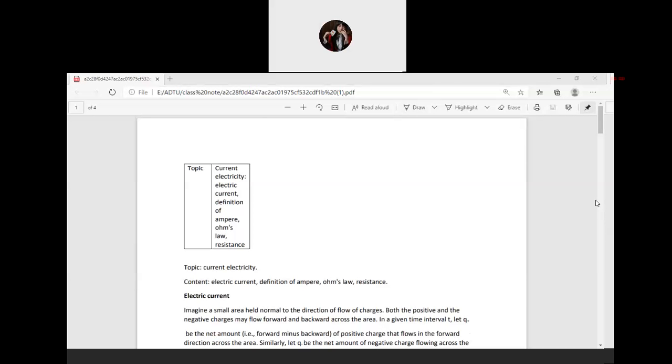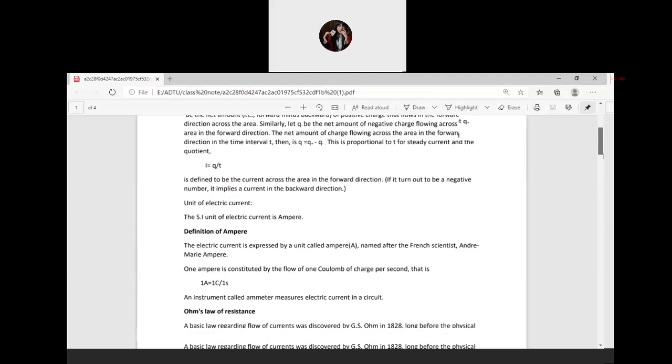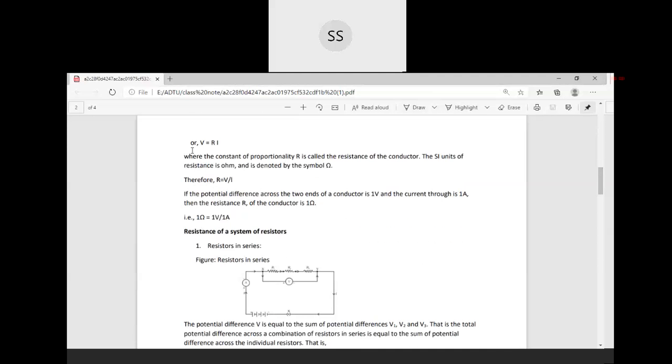Ma'am, what is the function of a resistor? Resistance is the thing which will try to oppose the current.